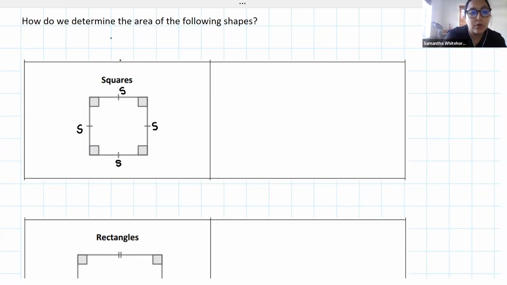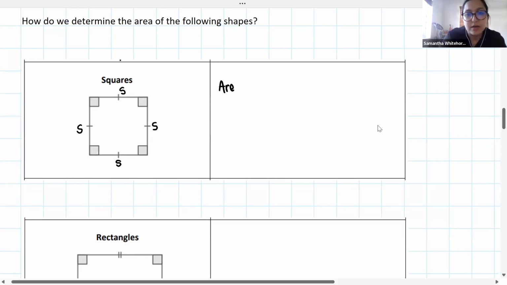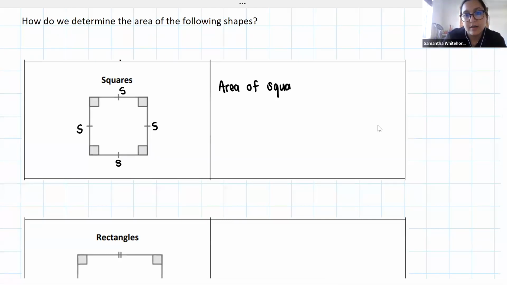So when we want to work out how much space the square takes up, Nyani had already put down in the chat that the area of a rectangle is A times B, length times breadth, but a square is a fancy rectangle. So if we ever want to work out the area of a square, essentially all we need to do is take our side and multiply it by the side. Another way to write this is to say side squared.